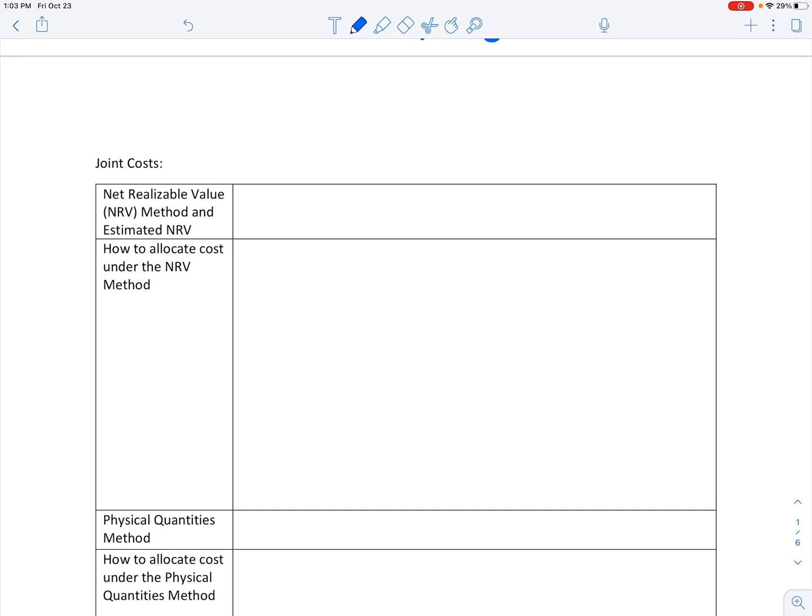So for net realizable method, it kind of depends. If you're selling your product at split off, remember we're talking about joint costs, so we have one product, say we're picking apples here, those are my apples. This would all come to here and then we split and it makes two different products.